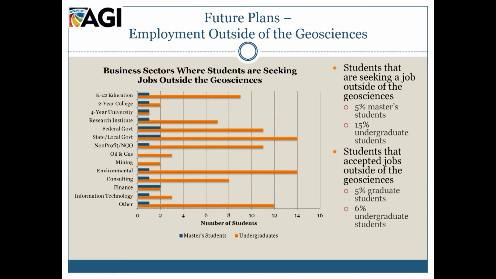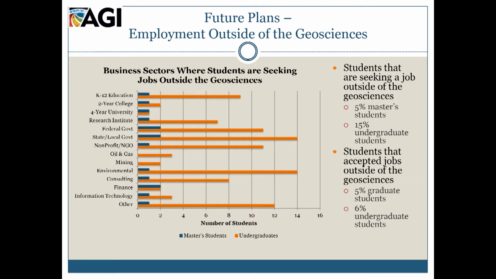And finally, we asked them about their future plans if they were seeking employment outside of the geosciences. And this graph is a little different because the numbers were so small that I couldn't really convert to percentages. And again, they could choose any sector that they were looking for a job. So instead of doing percentages, I did number of students.